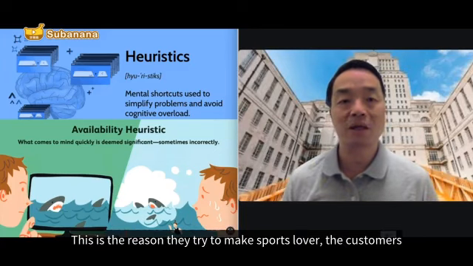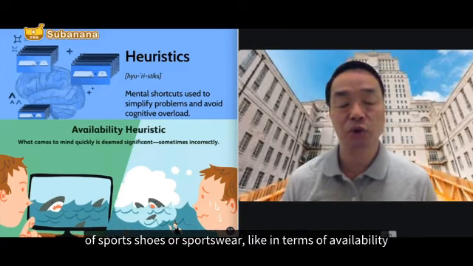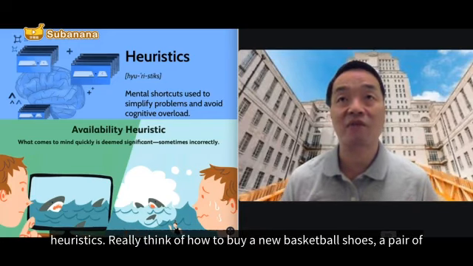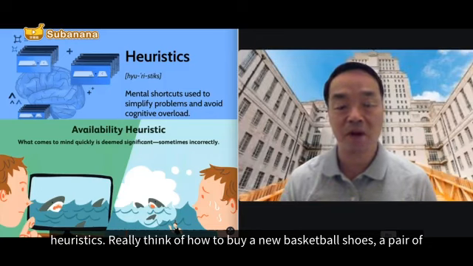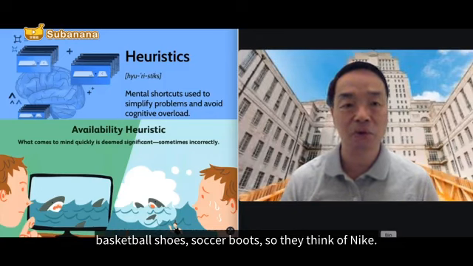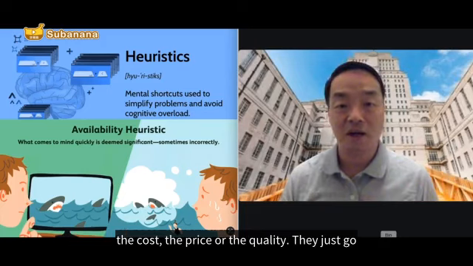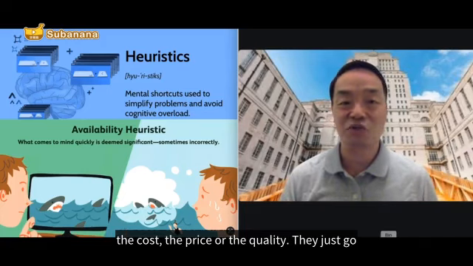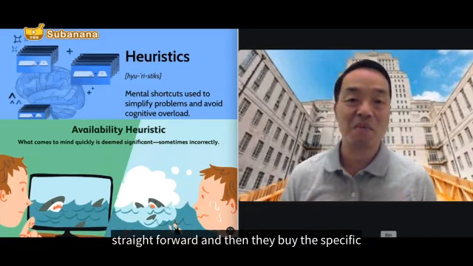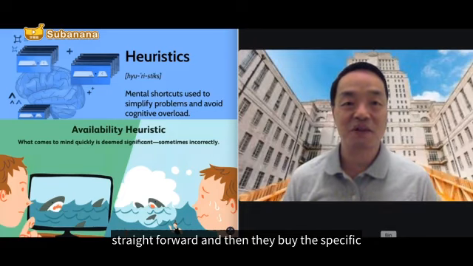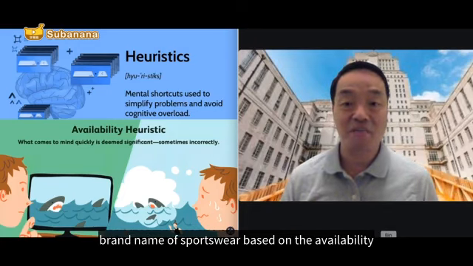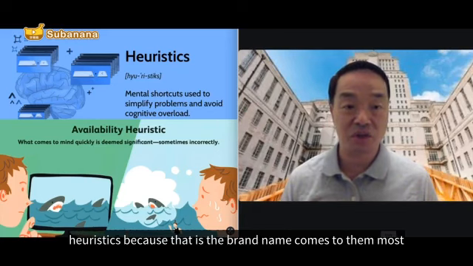They try to make sports lovers the customers of sports shoes and sportswear. In terms of the availability heuristic, when you think of buying a pair of basketball shoes or soccer boots, you think of Nike. They won't spend any time understanding the cost, the price or the quality. They just go straight and buy the specific brand of sportswear based on the availability heuristic, because a brand name comes to mind swiftly.